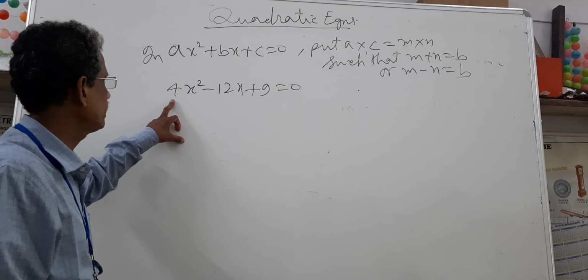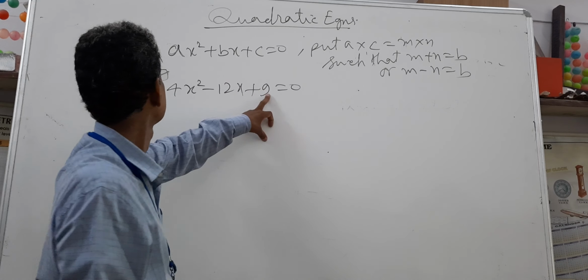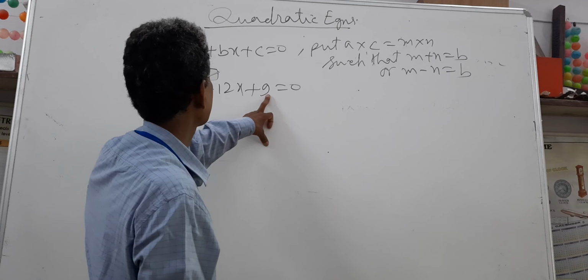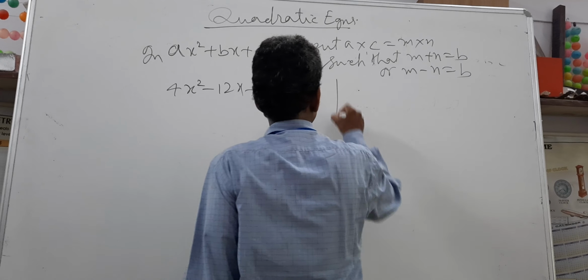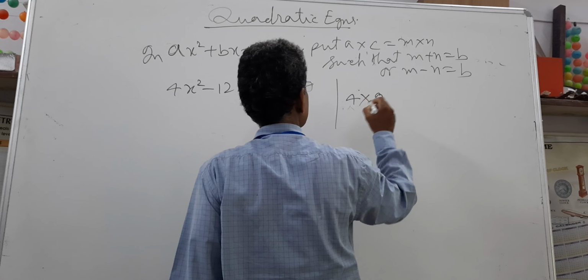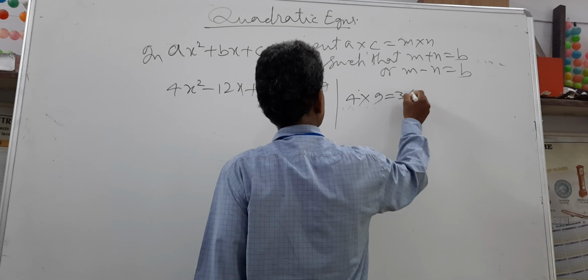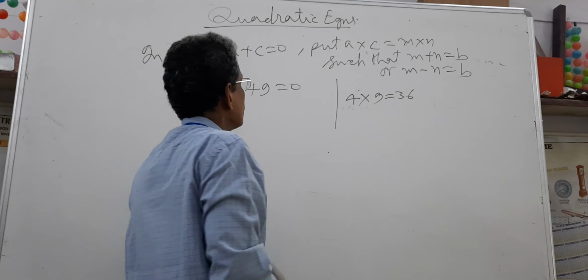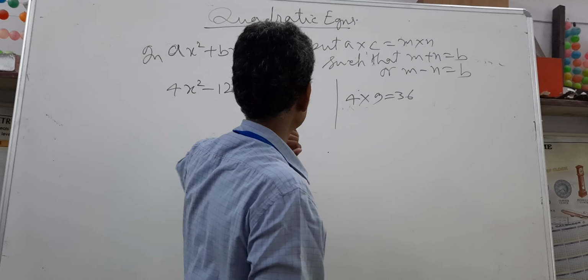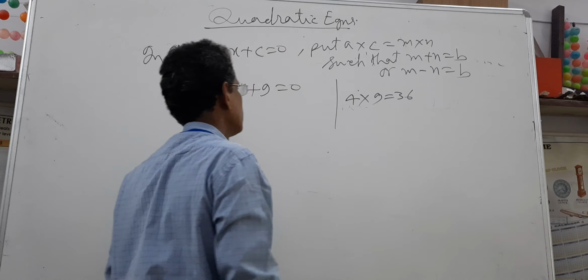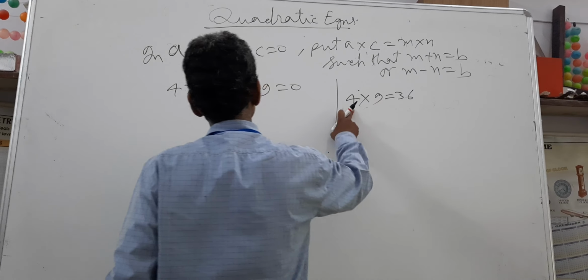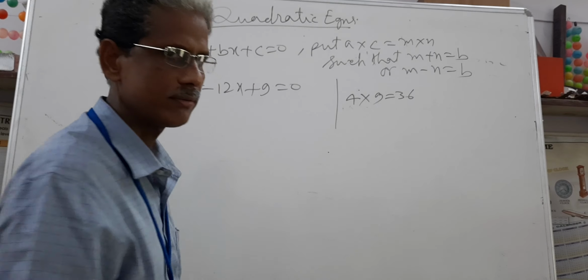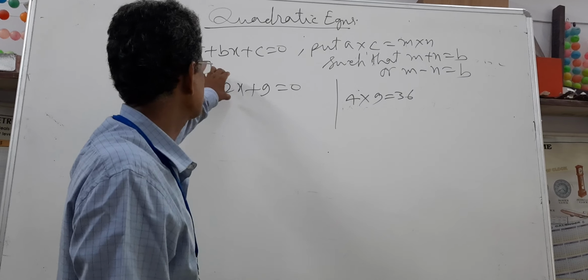Here the value of a is 4, the value of c is 9. 4 into 9 is equal to 36. 4 plus 9 is 13 and 9 minus 4 is 5. Both are not present here.